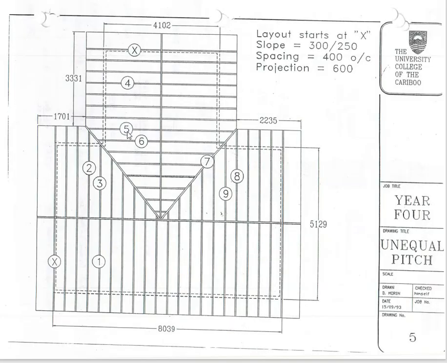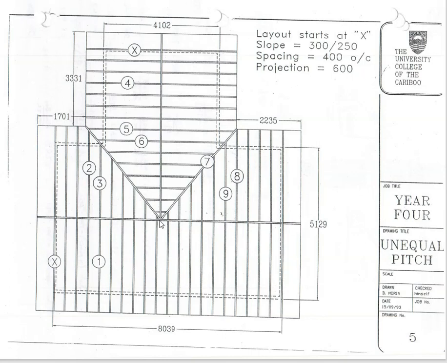Next one they want us to calculate is rafter number 5, which is done the exact same way as we found rafter number 2, except for this time we're coming from this layout here. And we're going to figure out the distance from the building edge, or the beginning of the layout of the minor, which is the building edge.